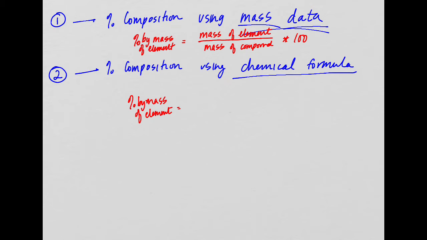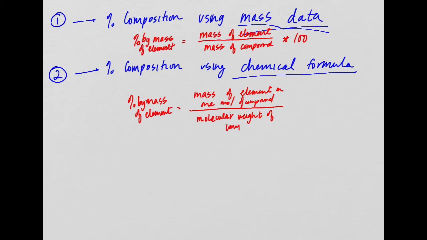But now we're going to do the mass of the element in 1 mole of compound divided by the molecular weight of the compound. And we'll multiply that also by 100.